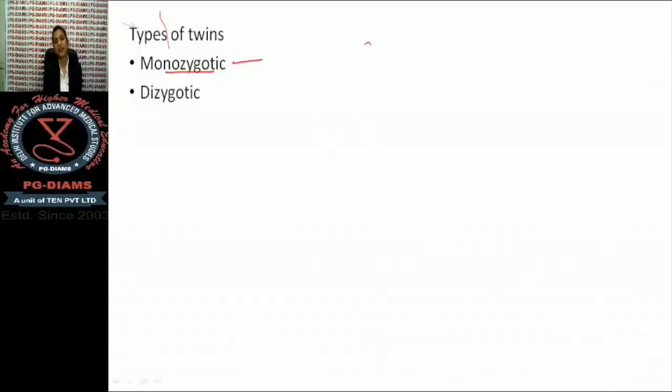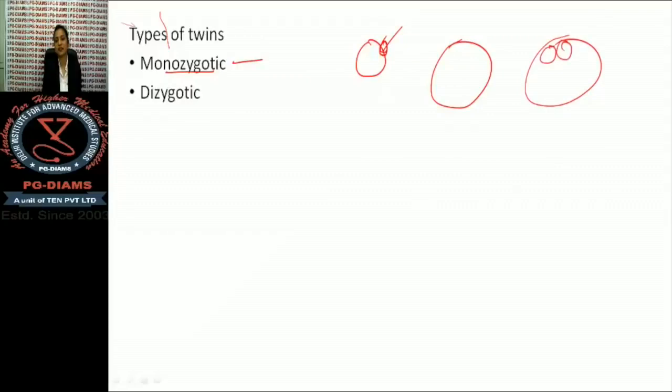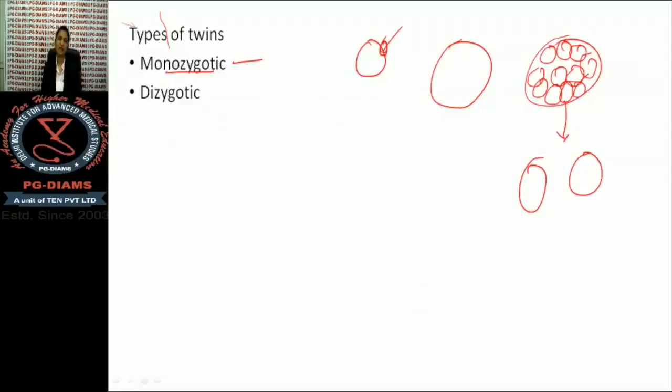Monozygotic is when you have a single oocyte fertilized by a single spermatocyte forming into a single zygote, which then forms a single embryo, which at various stages of development may divide to give 2 fetuses. These 2 fetuses will have completely similar genetic makeup. This is monozygotic twinning. The sex of these 2 fetuses will also be the same.